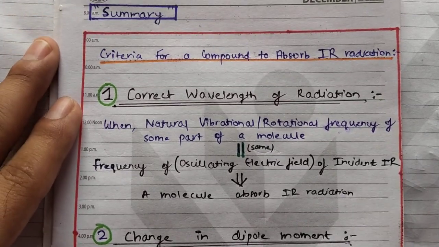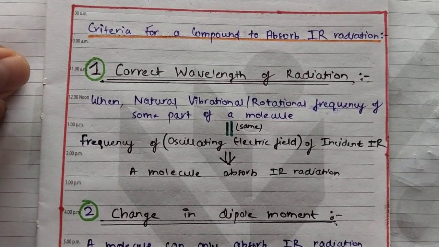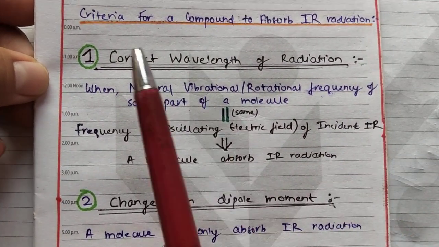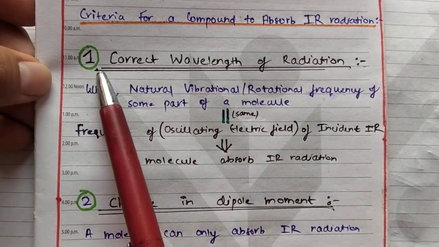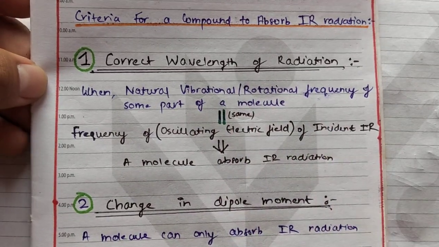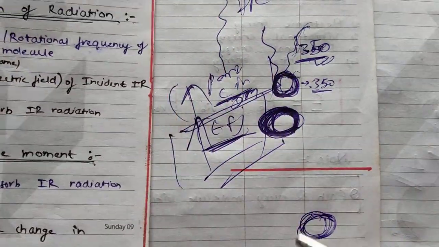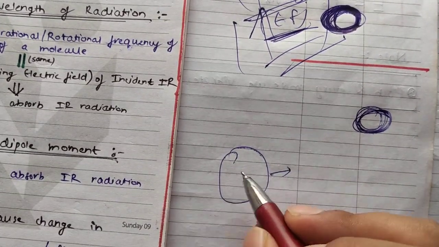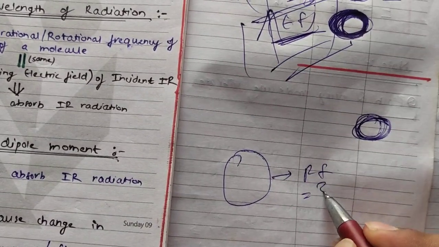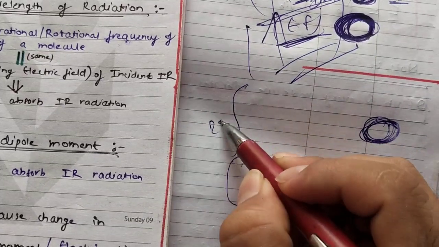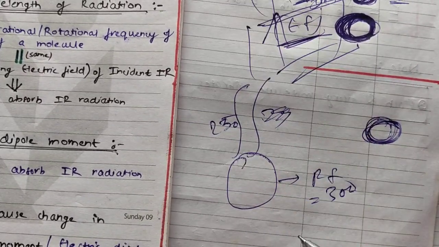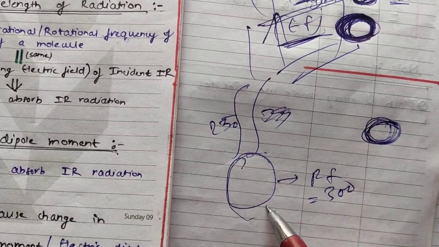Coming to the summary, the criteria for a compound to absorb IR radiation. You have to write this in the exam. The first criterion is the correct wavelength of the radiation. Correct wavelength means, suppose the rotational frequency of a molecule is 300, then on falling of radiation of frequency 250 or 299, the absorption doesn't take place.